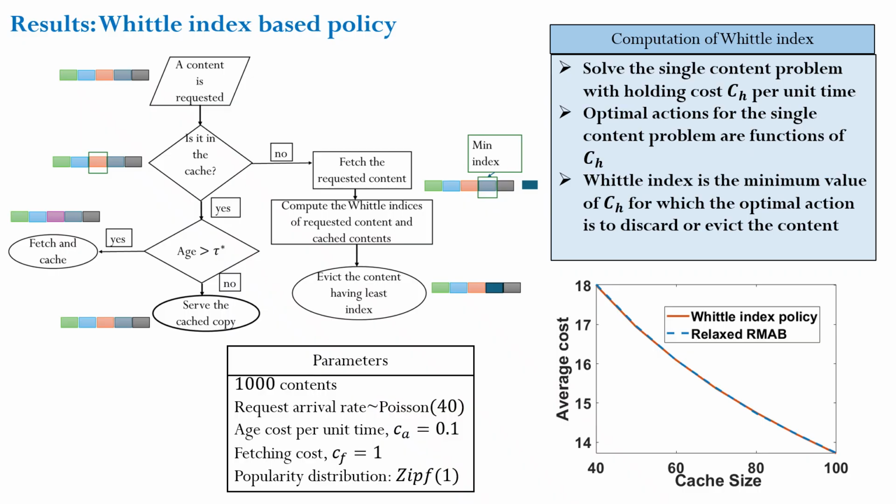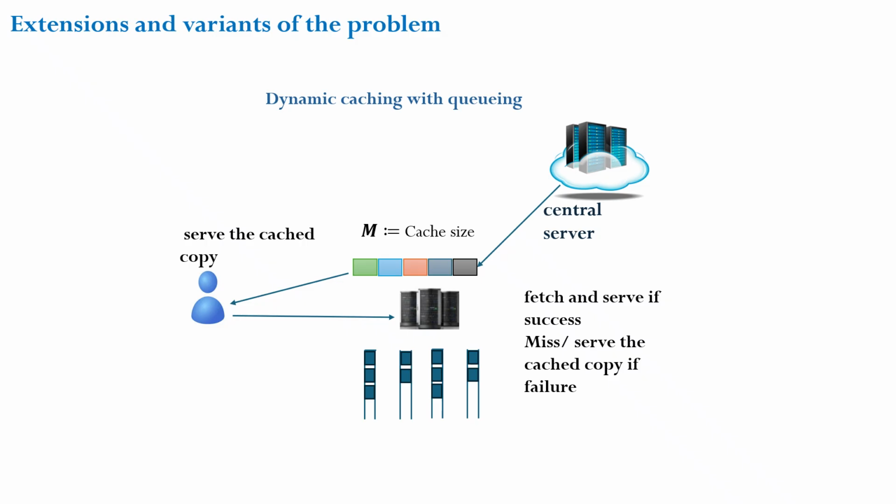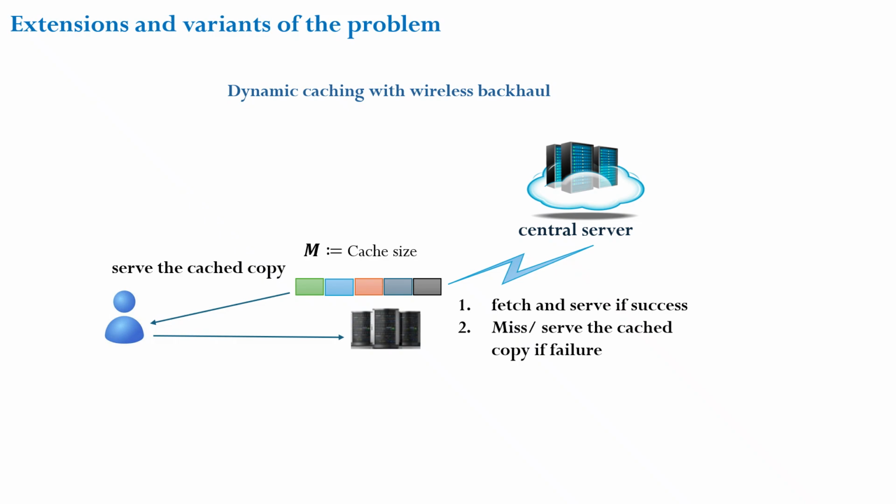Now this problem can be extended in a few more dimensions. For example, when a content request arrives, instead of instantly serving it, we make it wait, and depending upon the queue length, we decide whether to fetch it from the server or not. Another extension of this problem is to consider that the link between the base station or the local cache and the central server is wireless.